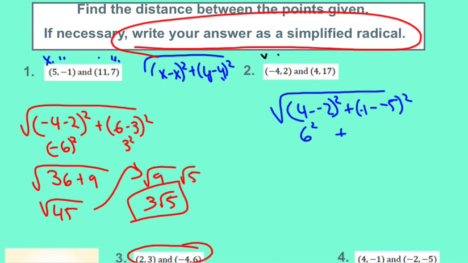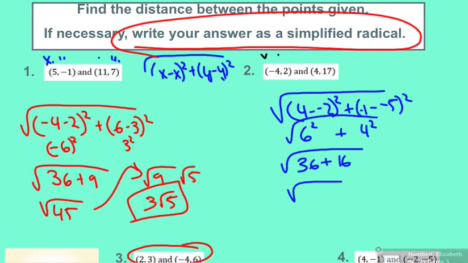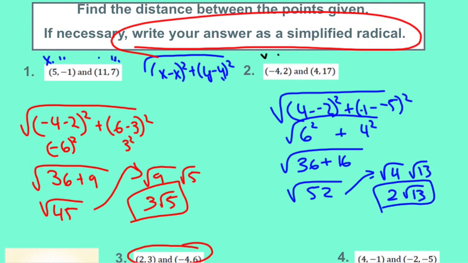This, be very, very careful, becomes 4 squared. So that becomes 36 plus 16. This is still a square root. So that becomes square root of 52. That gets broken up into square root of 4 times square root of 13. 52 can be divided by 4.